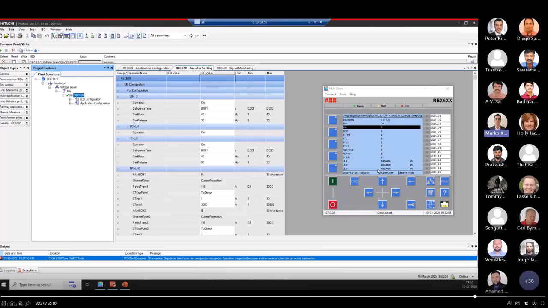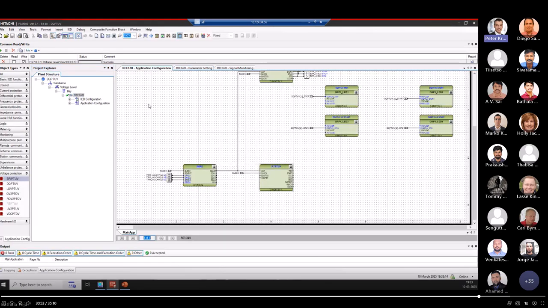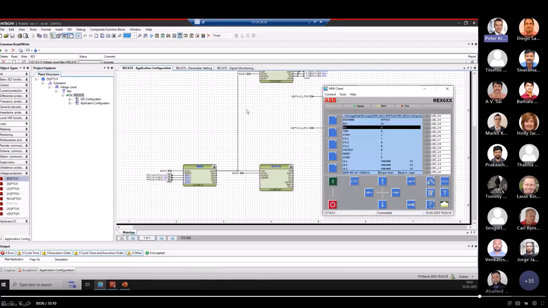There will be more functions supported as well, like differential. Exactly. It's more like a family feature to support understanding of the parameter settings for more complex functions where parameters change over time. Exactly. But if it's coming, it's okay. Yeah, it's on the roadmap.